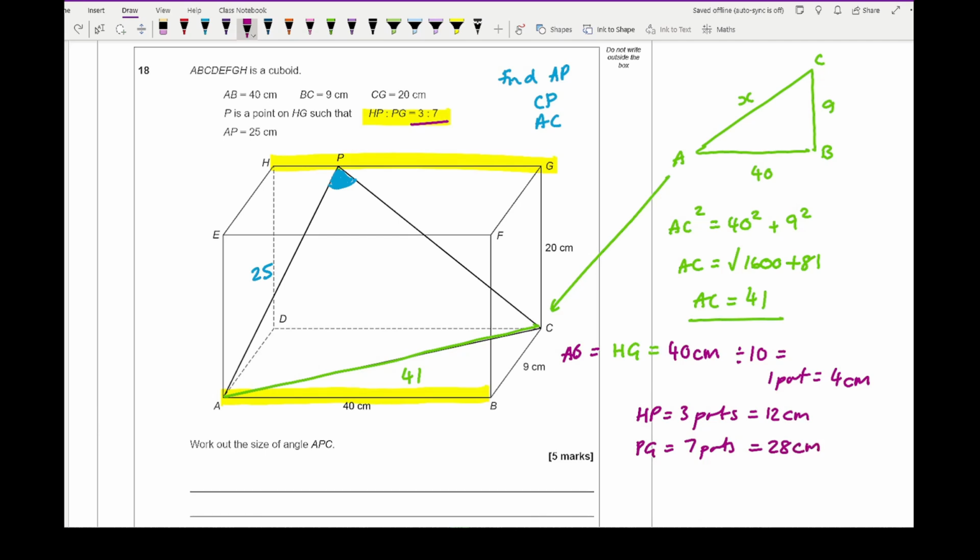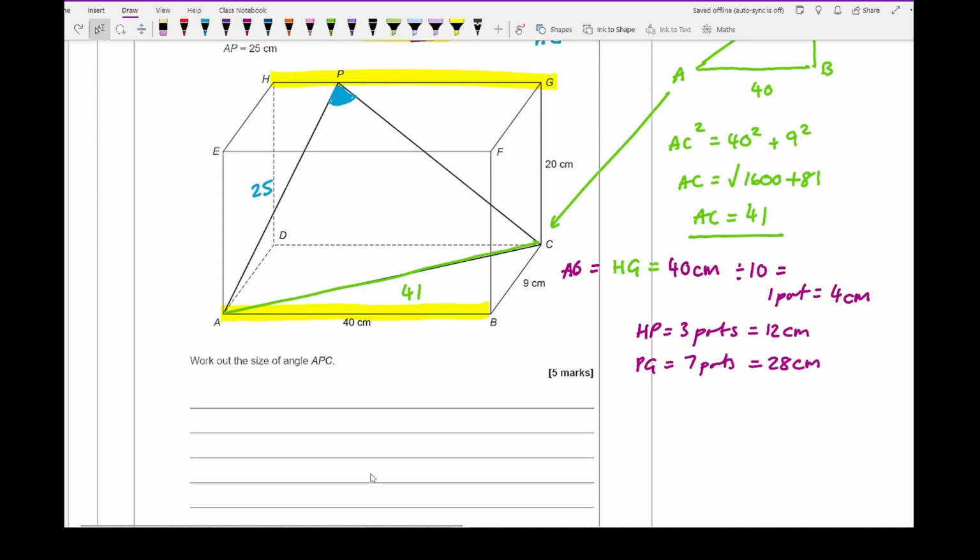Now from this, what I then need to do is work out what P to C is. Using Pythagoras again, I've got PC squared equals, so using this triangle here, that P to G we've already worked out as being 28. So this triangle here is 28, this is 20, and this is PC.